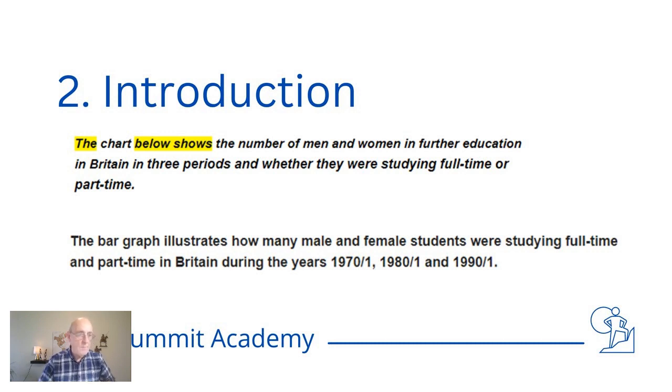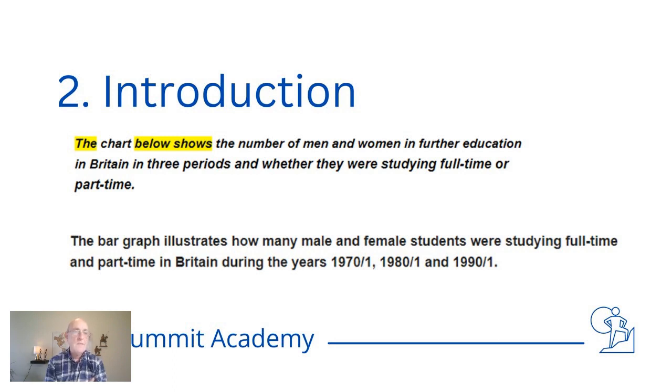So if we remember from what we saw when we first looked at the instructions for the graph, it says the chart below shows the number of men and women in further education in Britain in 3 periods and whether they were studying full-time or part-time. So I simply want to take that and put it in my own words, and it might look something like this.